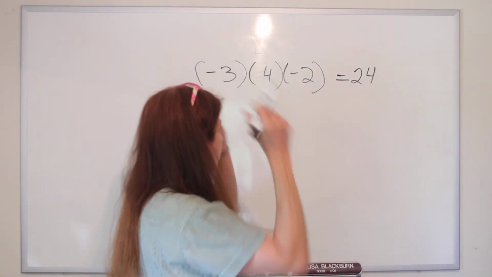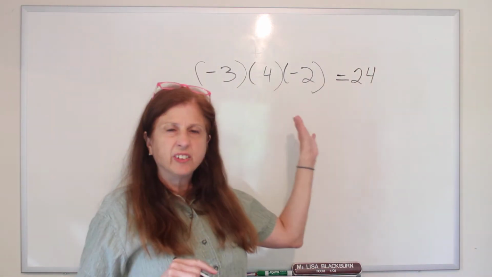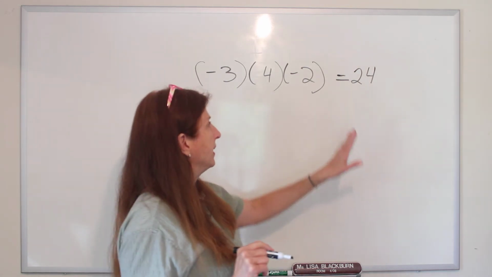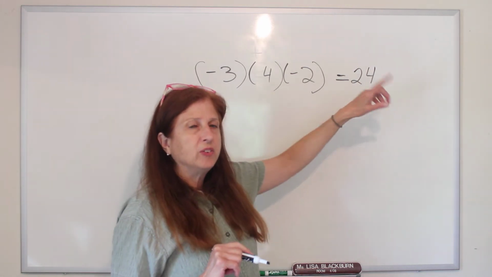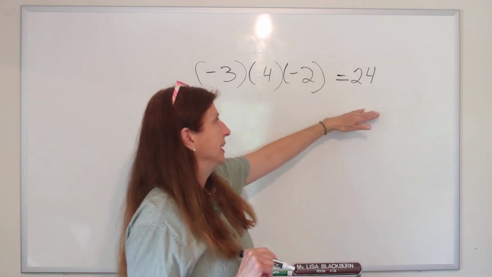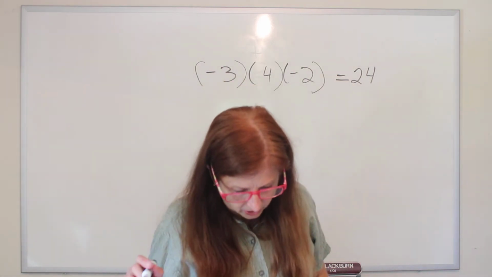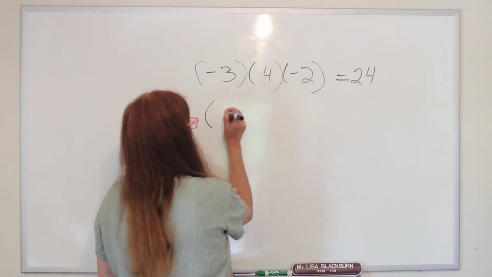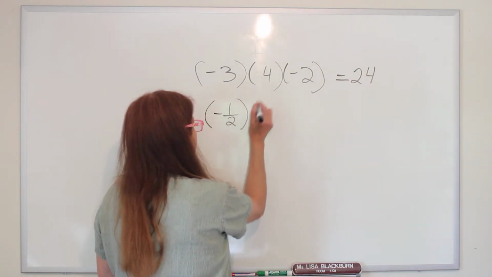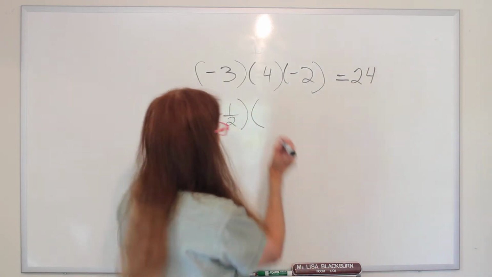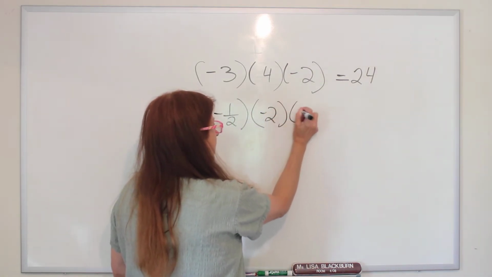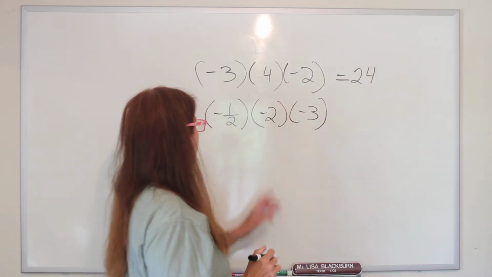So if you have two negatives, even if there's three things being multiplied, it's going to be positive. If you have one negative, it'll be negative. If you have three negatives, it will also be negative, and I'll show you what I mean on the next one. It's negative 1/2 times negative 2 times negative 3. All right?